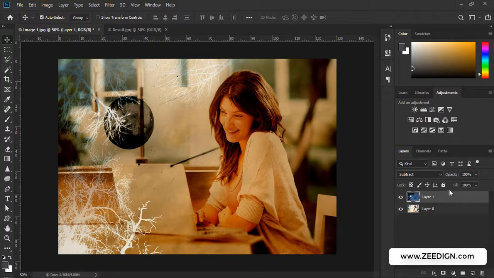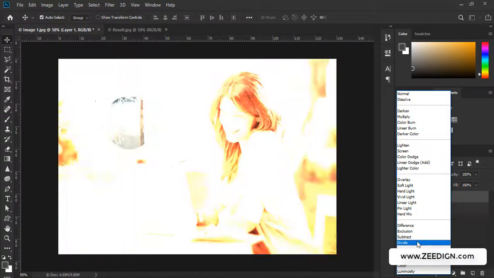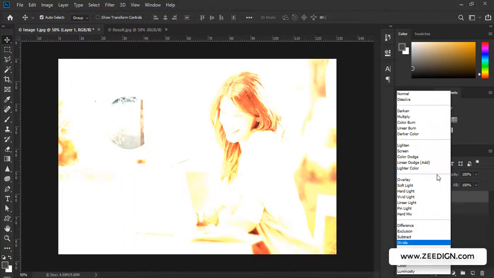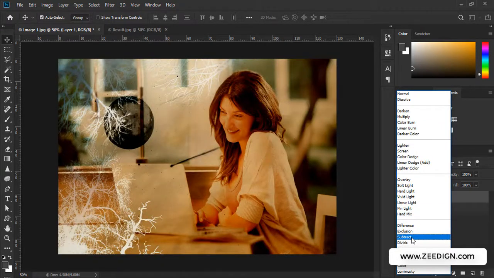And in this case, it's all about which part is being blended with white and which part is being blended with black, and it is making decisions based on that. So we have divide. Here it is a lot brighter, so yeah, it is opposite to the subtract.